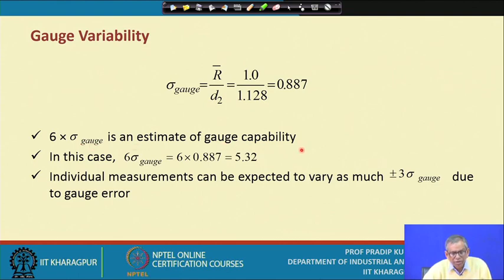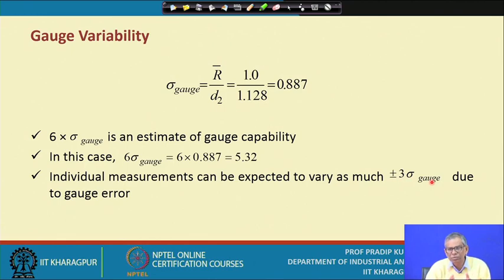Is it clear? The value here is 0.887, which you have already obtained. I am just giving an example. So 6 into 0.887 is 5.32. What do you conclude? The conclusion is that individual measurements can be expected to vary as much as plus minus 3 sigma gauge.